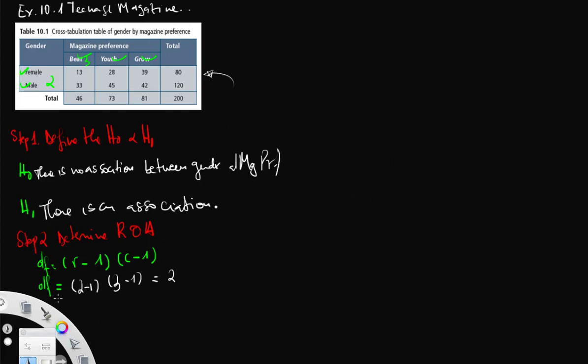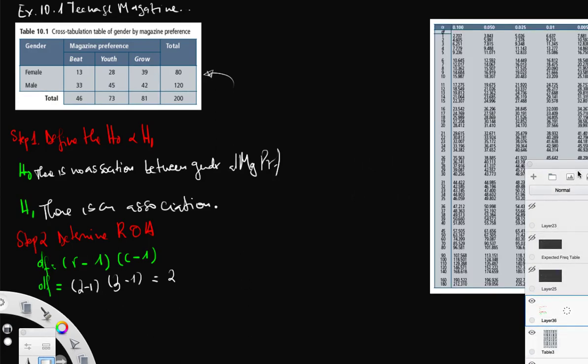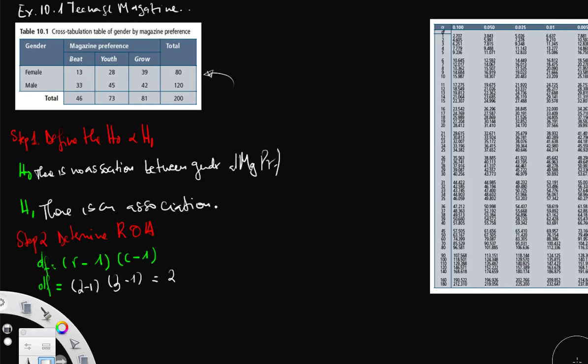And then what we'll do is go now to our table, which I brought for us here. Table 3 at the back of your textbook. And let's find the alpha, because by now you should know 5% is an alpha of 0.05. And the alpha of 0.05 and the degree of freedom of 2 gives us, it's this one here.